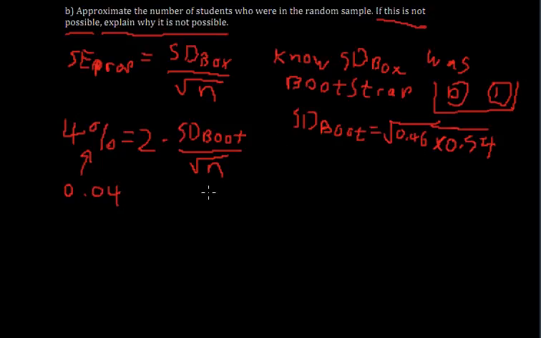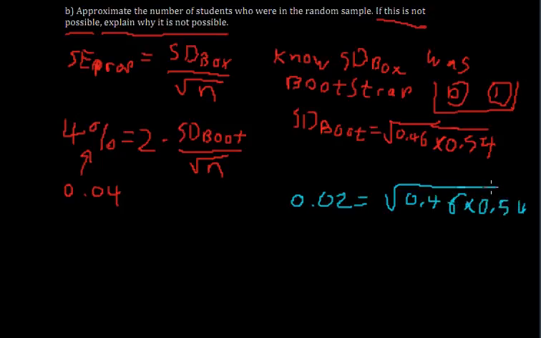So what does this give us? If I divide by 2, I get 0.02 equals the square root of 0.46 times 0.54, because this is the bootstrapped SD, divided by square root of n.